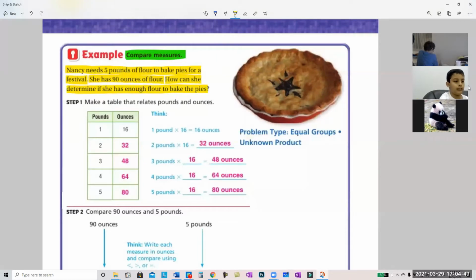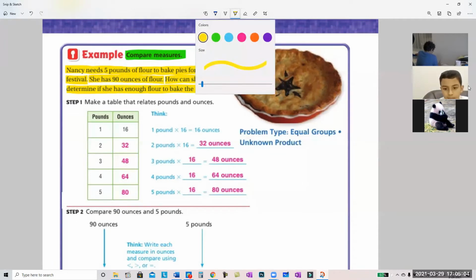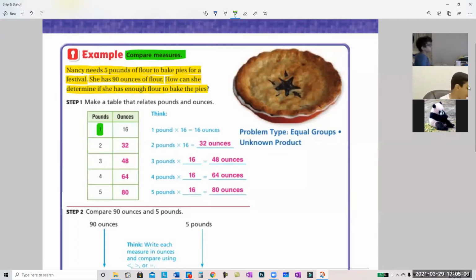Step 1, make a table that relates pounds and ounces. So we're gonna make a table here to convert from pounds to ounces. And as we all know from the first page in this lesson, 1 pound equals 16 ounces. So if you want to write pounds as ounces, you have to multiply every time by 16, okay?